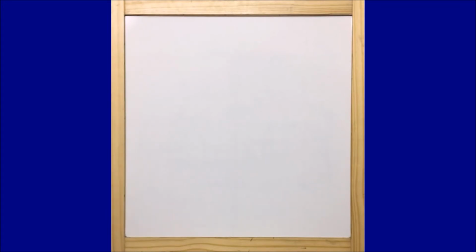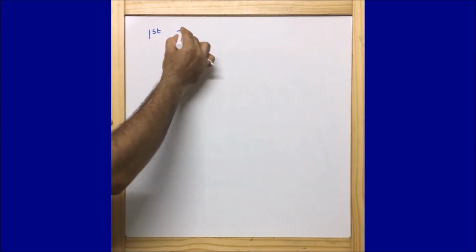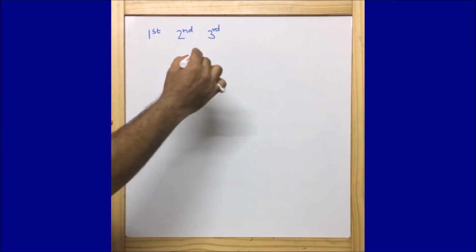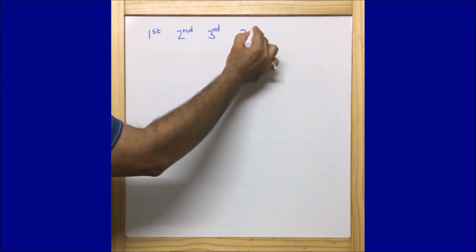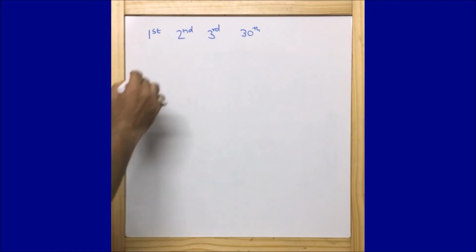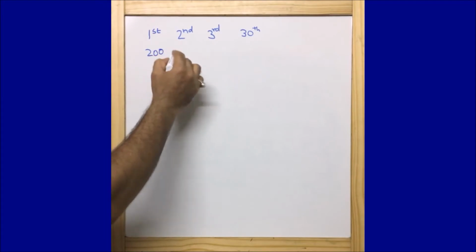Now let us first put the data in tabular form. First, second, third, and I will write 30th, because it has asked us till the 30th day, since the contract got delayed till the 30th day. The first value is 200, and the penalty keeps on increasing each day by 50.